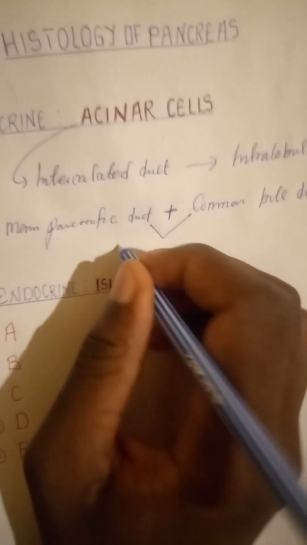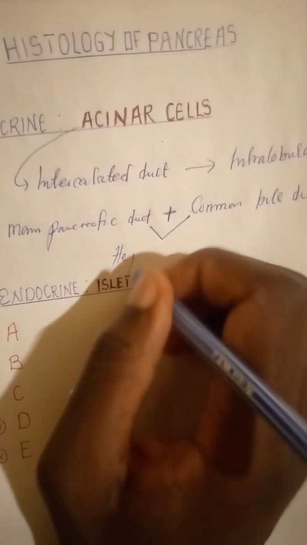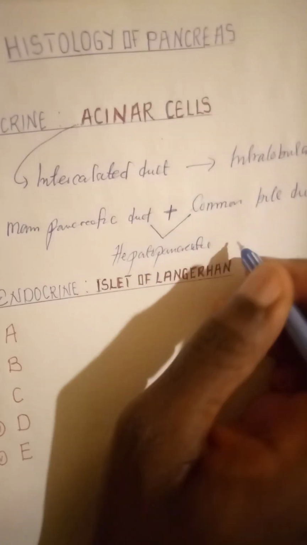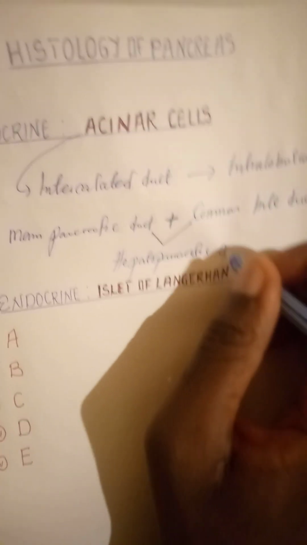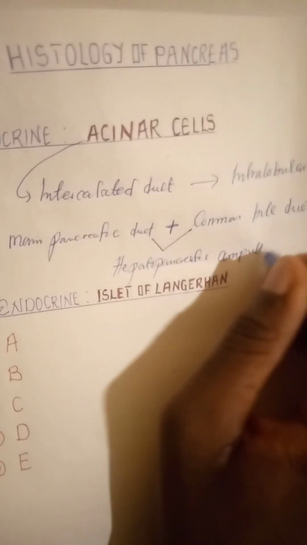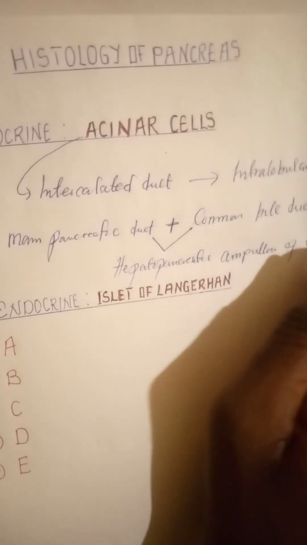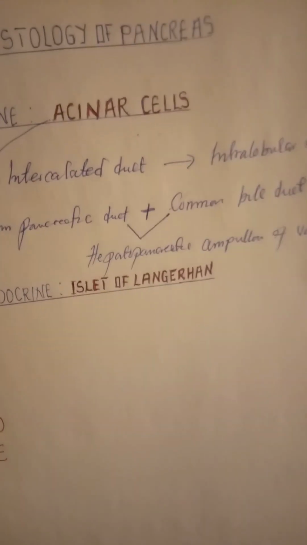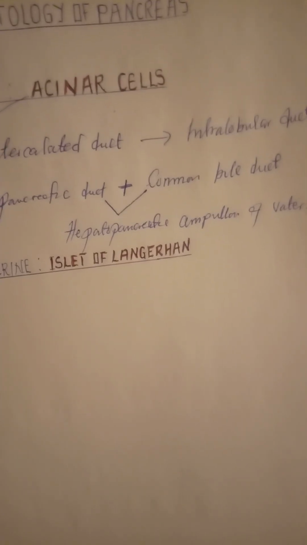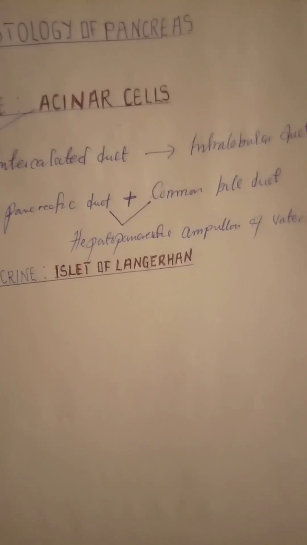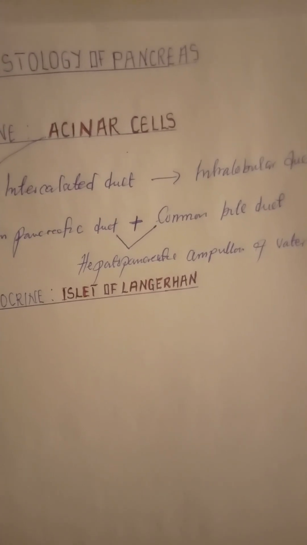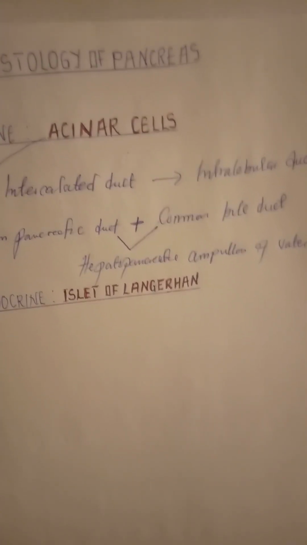So we need to write this one. This hepatopancreatic ampulla of Vater is the one which is going to open into the duodenum via the duodenal papilla, and secretion into the duodenum is basically controlled by the sphincter of Oddi.